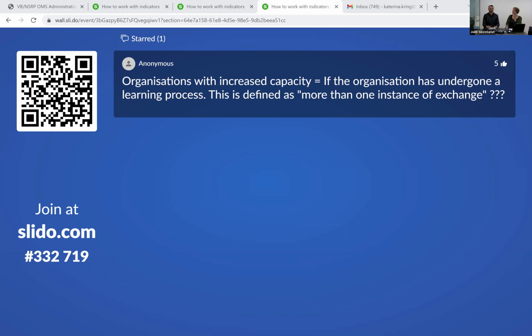I'm really sorry, I can't remember the definition by heart right now, but I can only refer you to the fact sheet 22, because you can find all definitions of the output indicators as well as the result indicators in there. And if there are still questions about it, please contact us afterwards or directly.